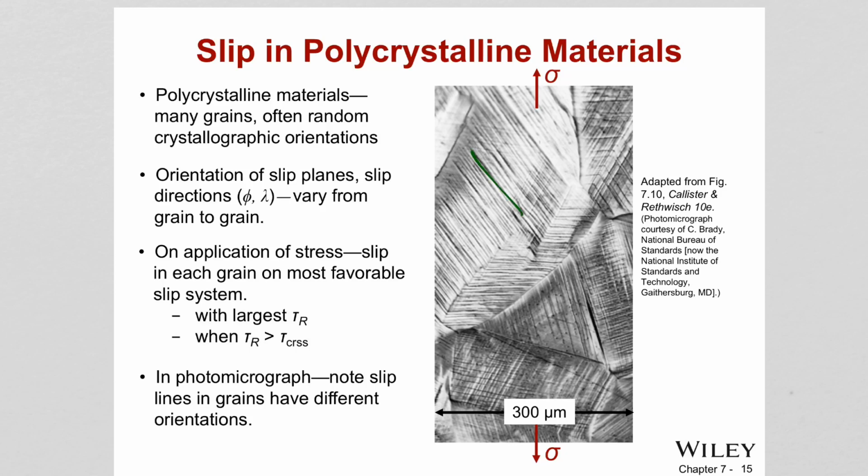In this case, for each grain, the slip lines are in different orientations, because the slip always happens in the most favorable orientation, and that of course changes depending on the crystalline orientation in your grains.